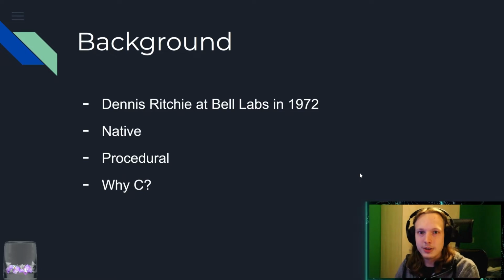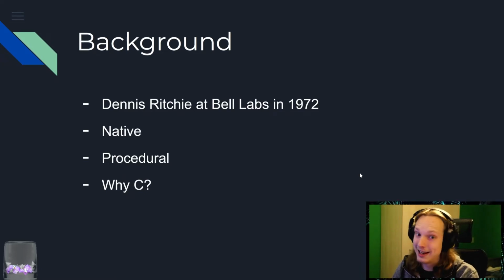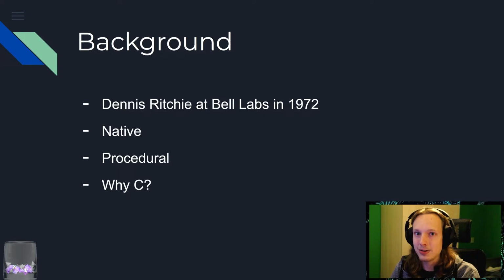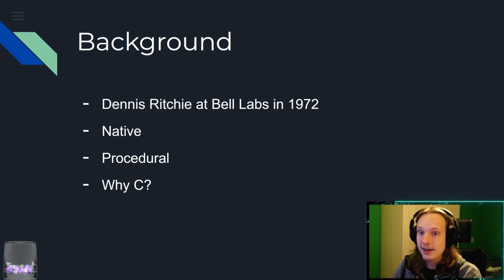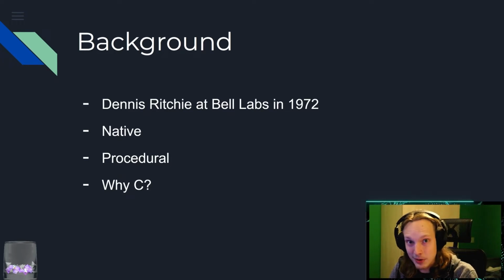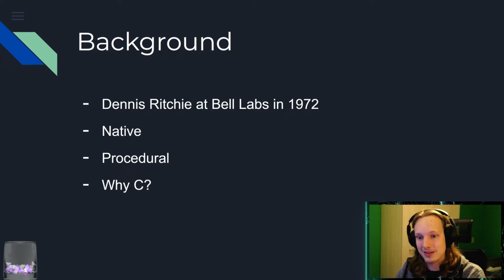So, C was made by, and I have written this down because I would forget, Dennis Ritchie at Bell Labs in 1972. So yes, it's already a very old language. It's basically 50 years old now. I think in a few months, it's 50 years old. So that's pretty poggy. I don't know that many other languages that have made it this long.